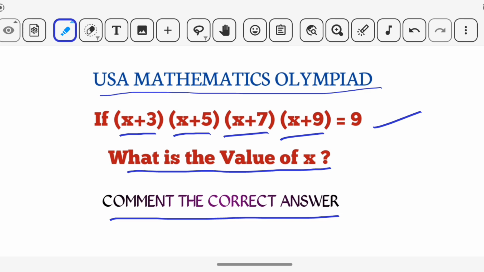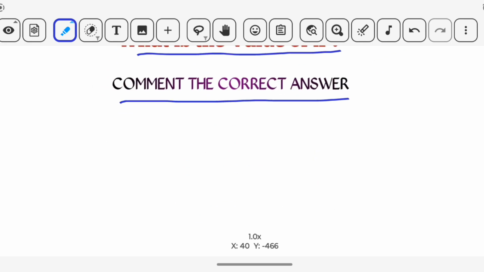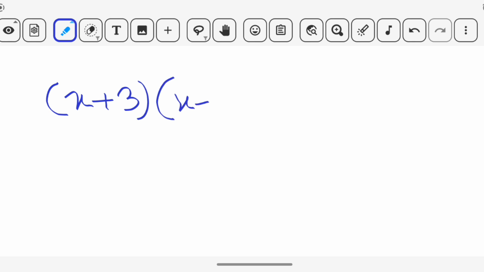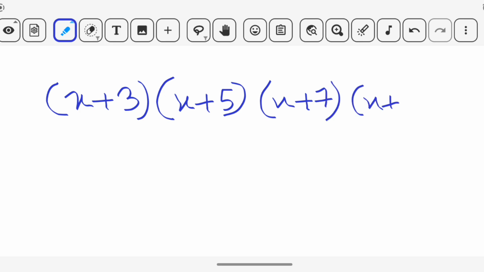So let's begin the video to solve this question. First, let's write the question. (x plus 3)(x plus 5)(x plus 7)(x plus 9) equals 9.